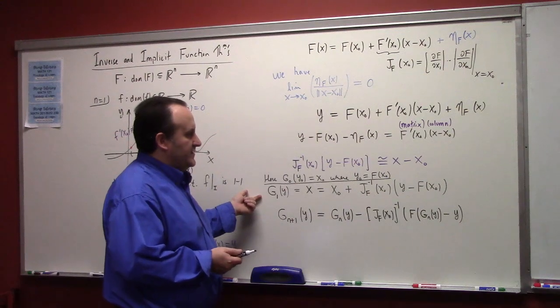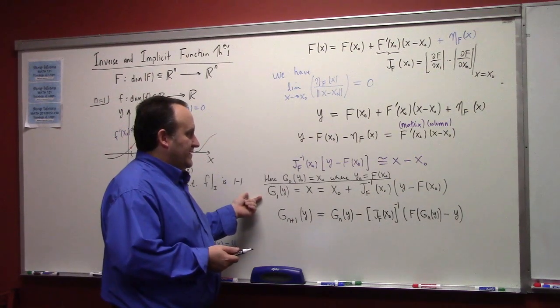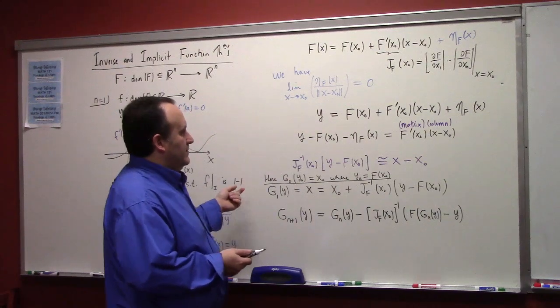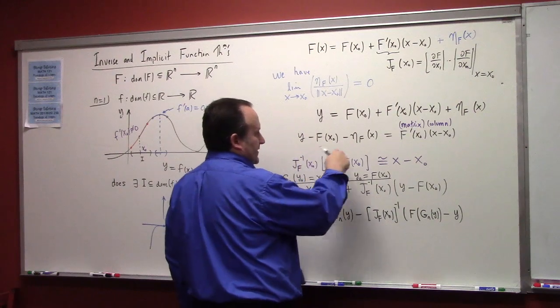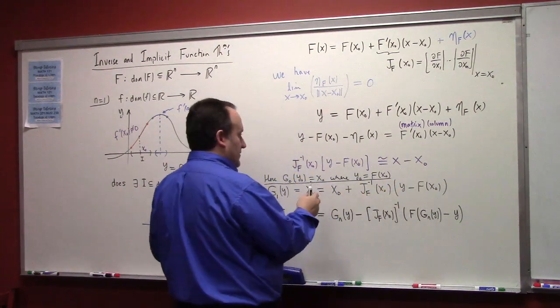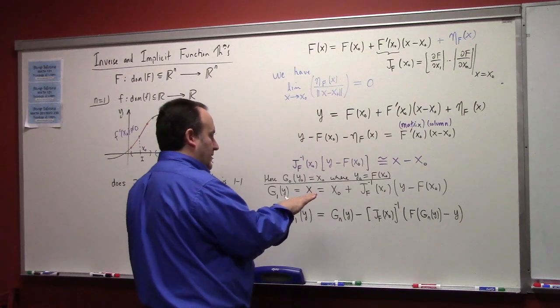So did I do that correctly to start with? Because if I did that wrong, then it's not surprising. So I subtract it to the other side, and then I multiply by the inverse of this. I get that, and I just add x naught to the other side.